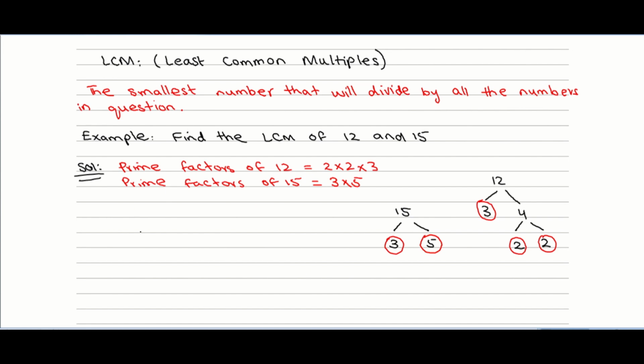To find LCM, we can use a formula: LCM is the common factors times the uncommon factors.